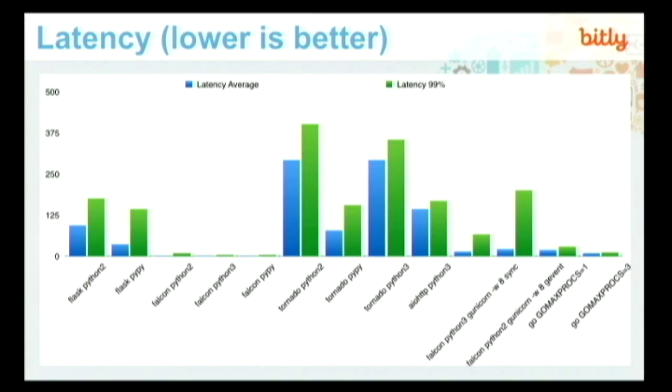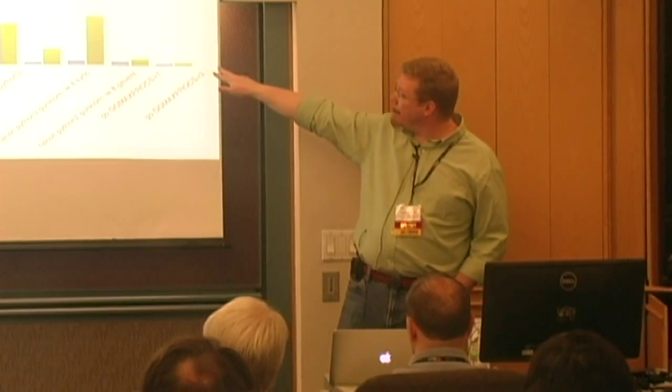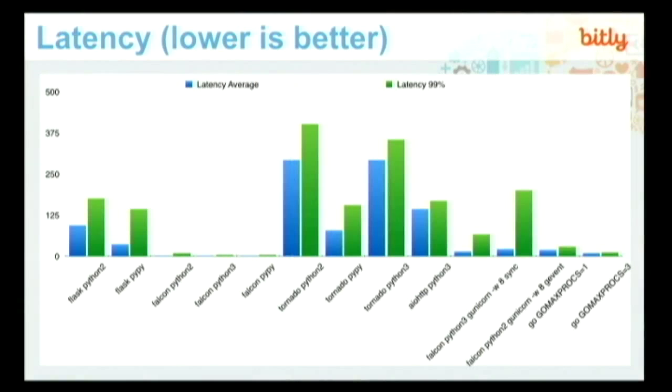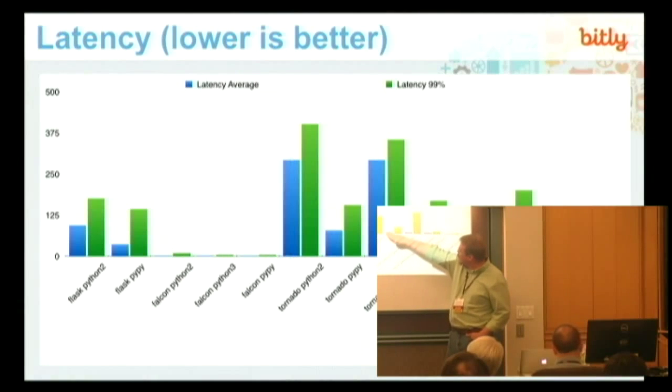The Go stuff is in the 20 and 10-ish millisecond range. And everything else, as you can see, is a lot more latency. Now, there's a pretty big separation here between the low latency of Falcon and, to a lesser extent, the low latency in Flask versus the asynchronous libraries, the Tornado implementation, aiohttp.